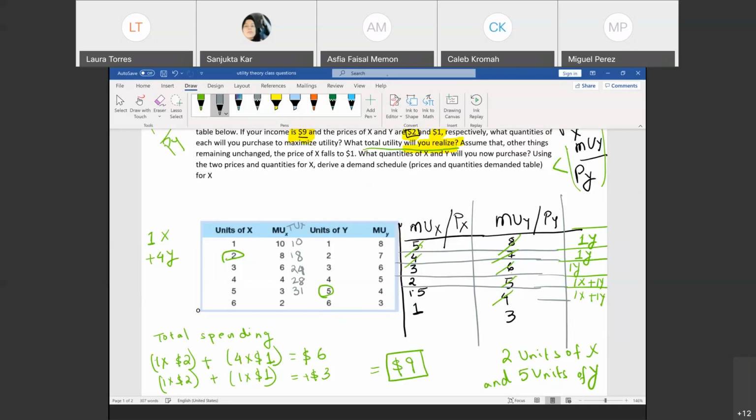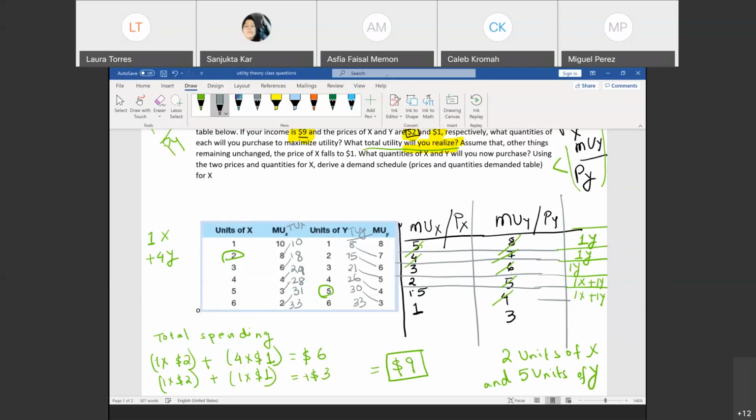I just keep on adding these successive numbers. This one is 33. Now I have to find out the total utility for y. The first unit is 8. The second unit is 15. The next unit is 21. Then the next unit is 26. After that is 30. After that is 33.